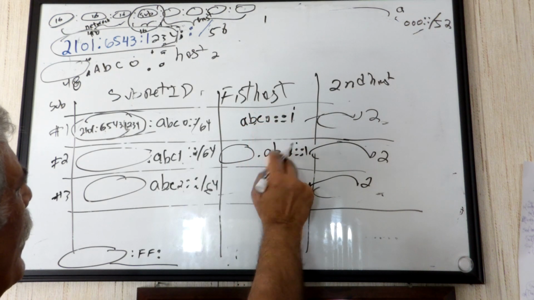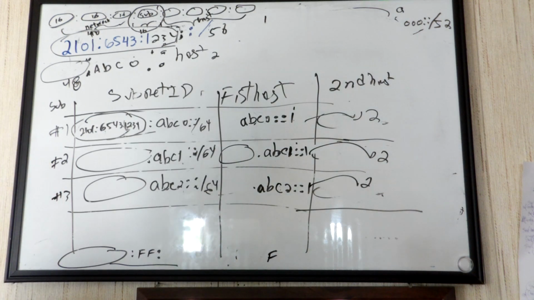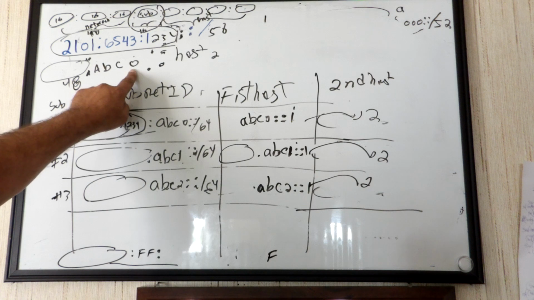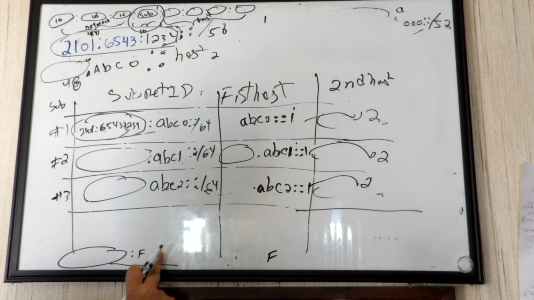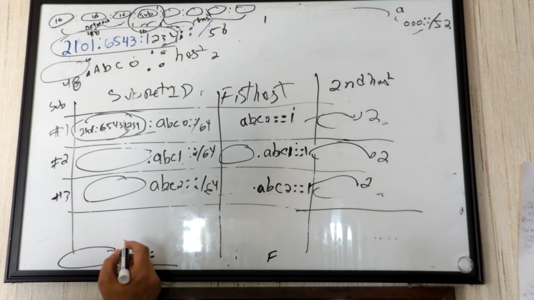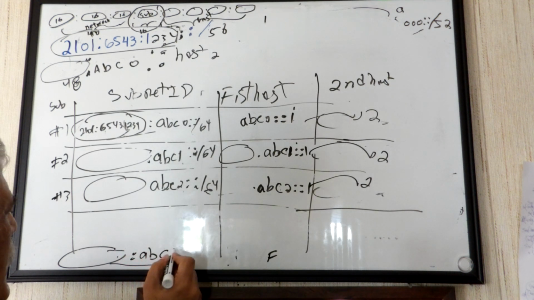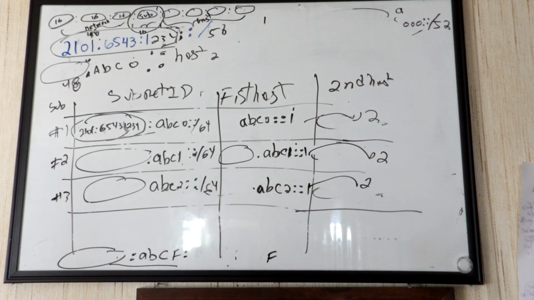Only things change if you have only one of these 4 bits left for subnet. So it starts from 0, 1, 2, and then ends with F. ABC here, let me end up with A, B, C, F. That's the last.